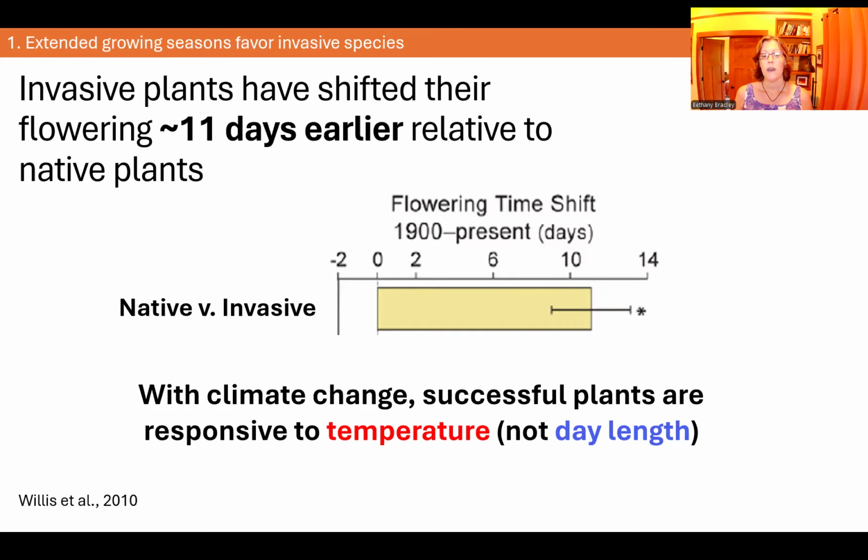period. So the hypothesis for why this happened is that invasive plants tend to be more responsive to temperature. So as temperature gets warmer, they can emerge earlier and grow earlier, whereas native plants tend to be more responsive to day length. So as temperatures get warmer, they're kind of stuck because they're not responding to temperature, they're responding to the length of the day.